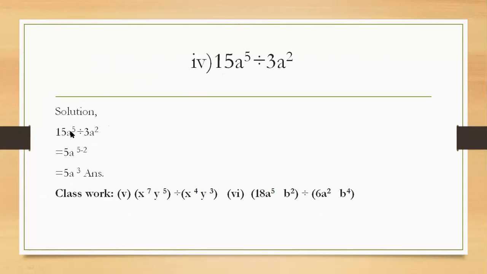Then a to the power 5 divided by a to the power 2: write only one a and subtract the powers, 5 minus 2 is 3. Its answer will be 5a cubed. Have you got it, children? When you divide, please divide the coefficient first.